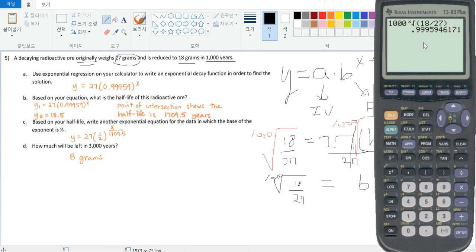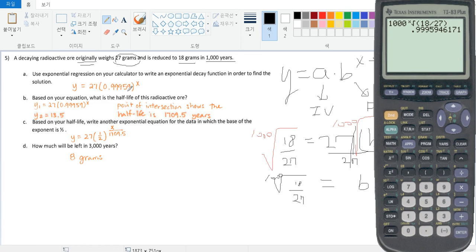Now we get 0.999594617. It will probably go forever since this is an irrational number, but that is our b. Cool, isn't it? We can rewrite the equation using that b value, 0.99959.